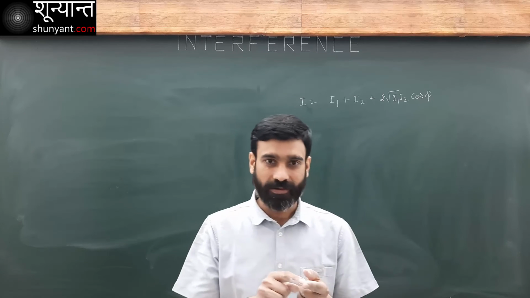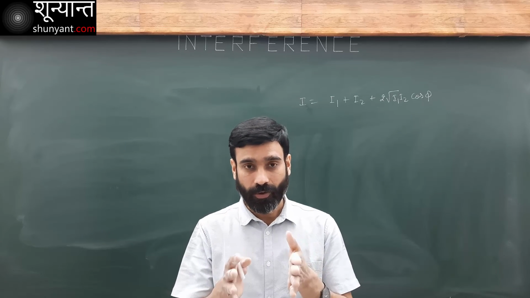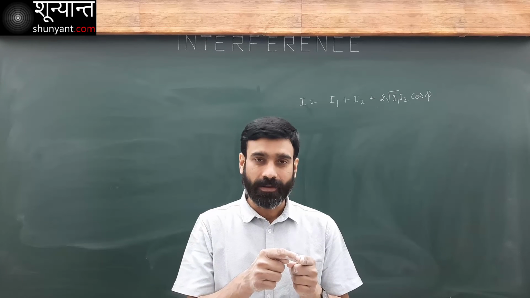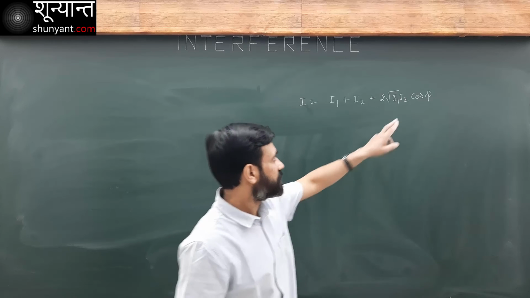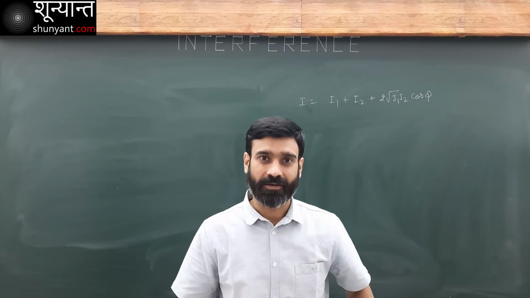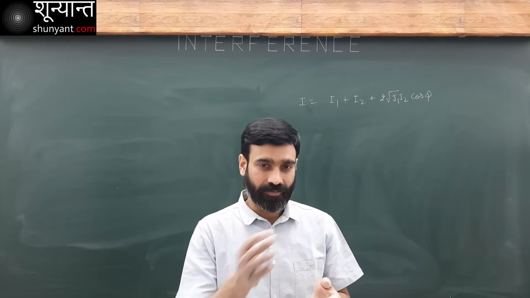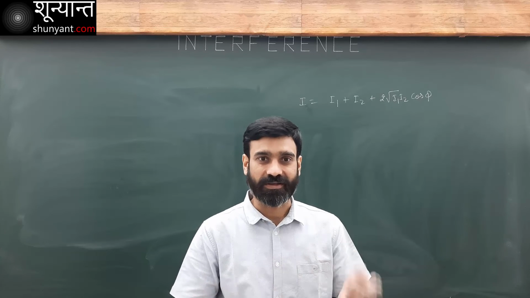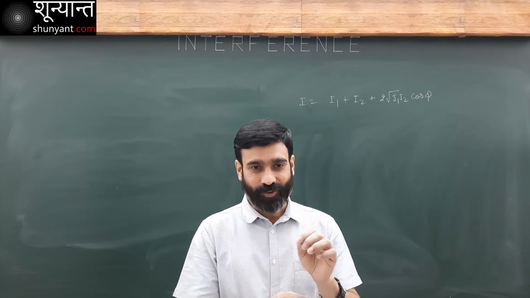At the same point, two waves are interfering, and they are not coherent. At the same point, the intensity will keep on changing, because this phase difference keeps on changing with time. It is not constant. At the same point, sometimes I have a bright fringe, sometimes a dark fringe, and it keeps on changing with time. There is interference, but the intensity of every point keeps on changing.